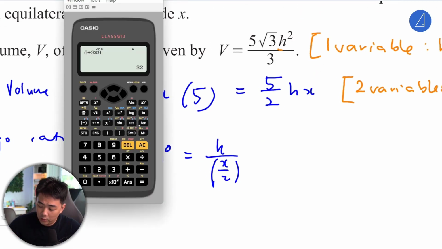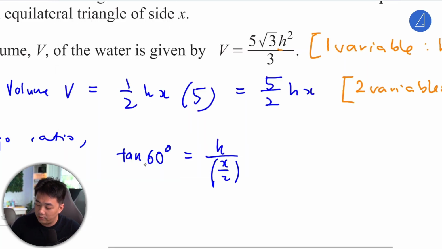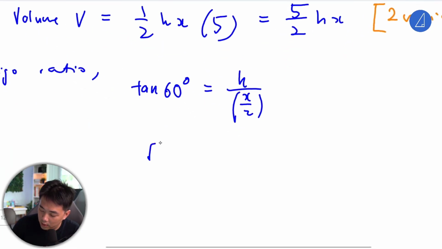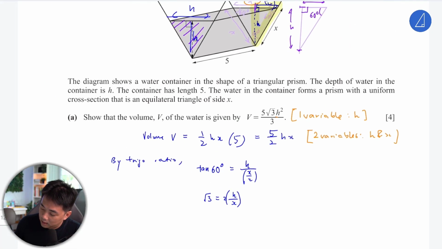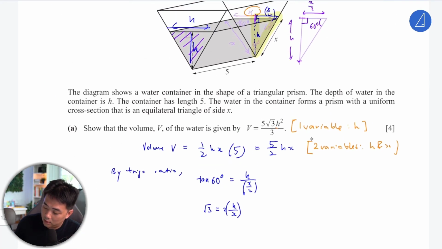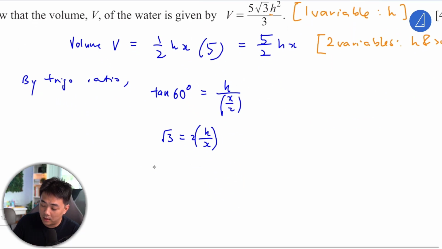In case you do not know, just put tangent 60 in the calculator, and you get a gibberish value. Just square it, you get 3, so essentially the original value is root 3. So here it is root 3, equals h over x multiplied by 2. All right. Then what we need is in terms of h. So I need to make x the subject, which gives x equals 2h over root 3.